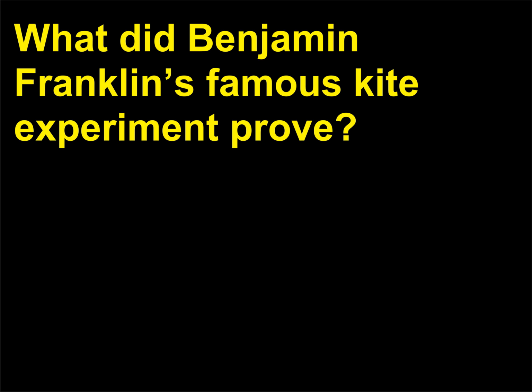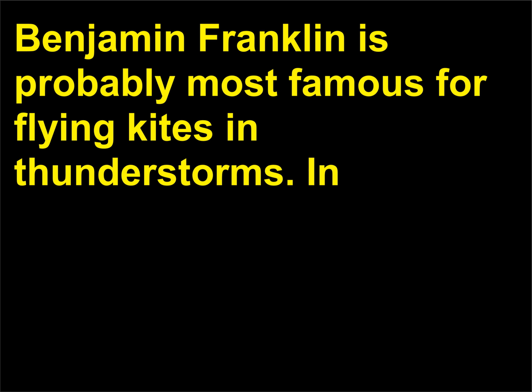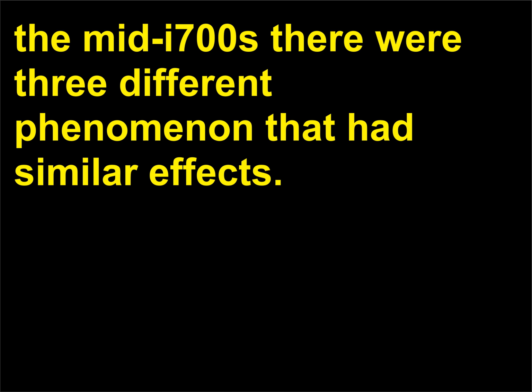What did Benjamin Franklin's famous kite experiment prove? Benjamin Franklin is probably most famous for flying kites in thunderstorms. In the mid-1700s there were three different phenomena that had similar effects.